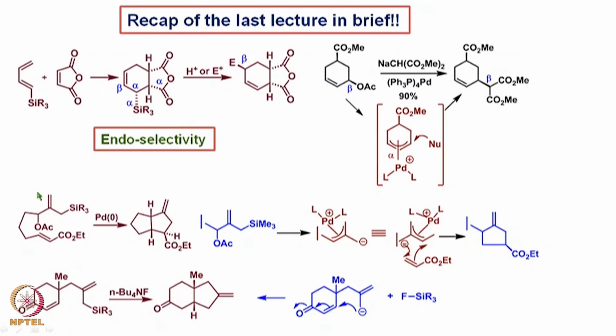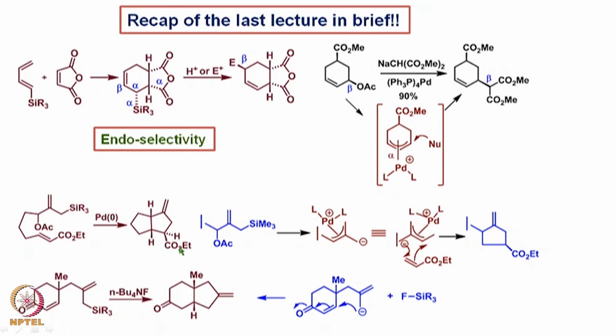Then we also looked at the pi-allyl palladium complex based chemistry, in which we took an example of this kind, in which there is an allyl acetate moiety and an allyl silane moiety embedded along with an alpha beta unsaturated ester moiety. Now when palladium 0 was reacted with this, we saw the formation of this bicyclic molecule.